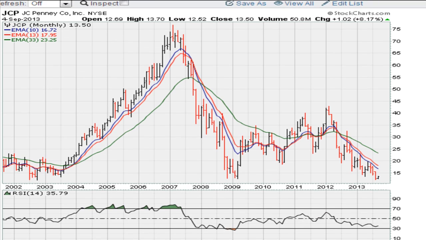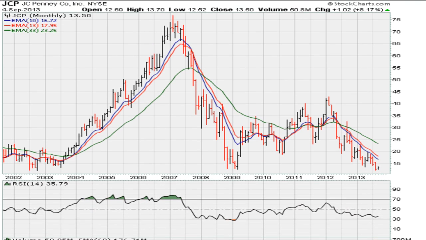All right, remember I talked about the 3-year monthly low. JCPenney, ever since it broke down, this is in the 75s in 2007.